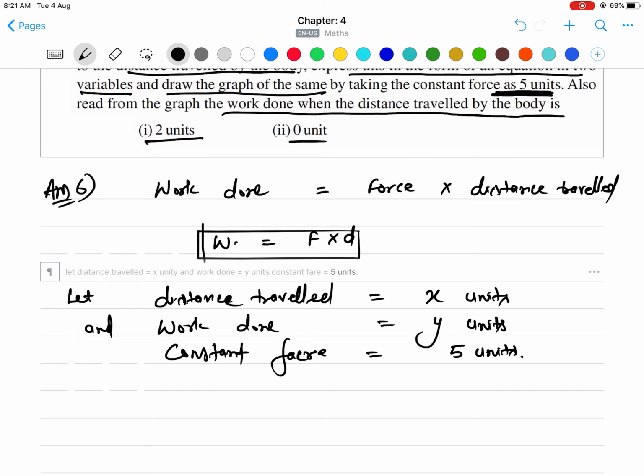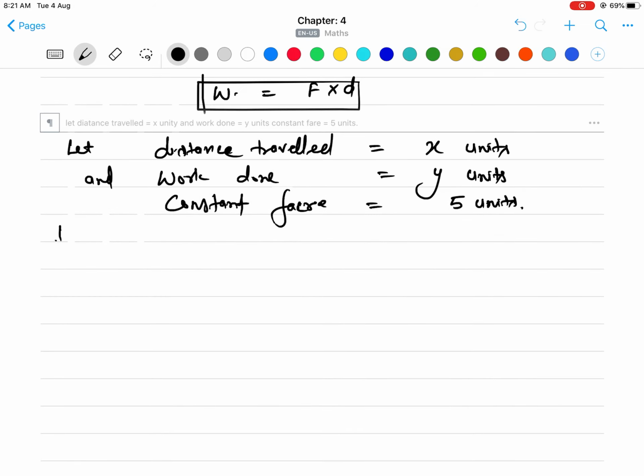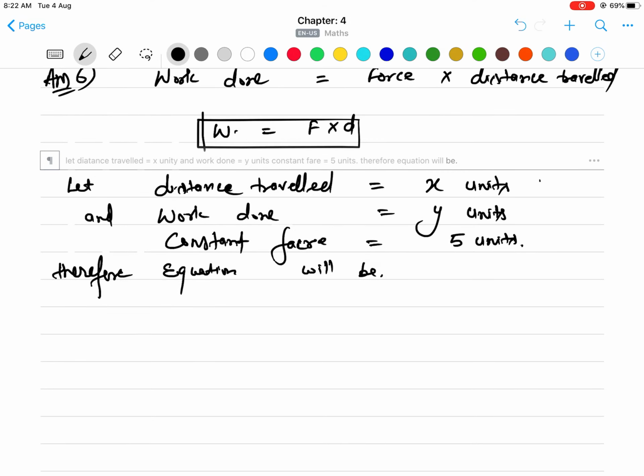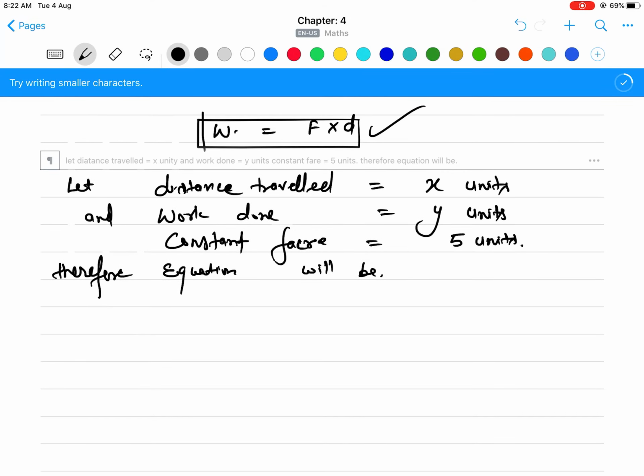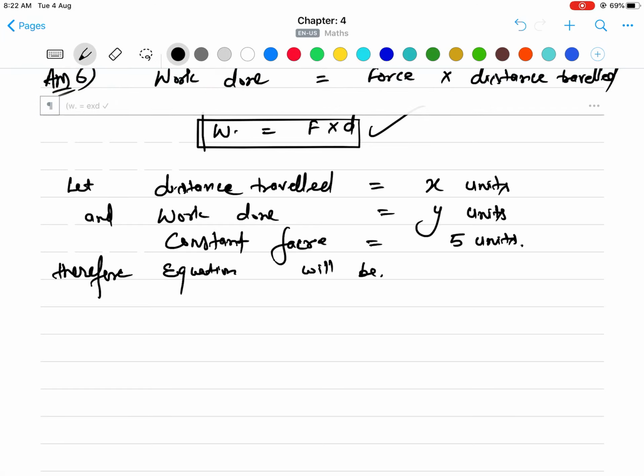Therefore our equation will be, inserting these values in this equation: work done, which we have taken as y units, will be equal to F, here 5, into the distance traveled, which we have taken as x. So y equals 5x is our linear equation in two variables, y and x.